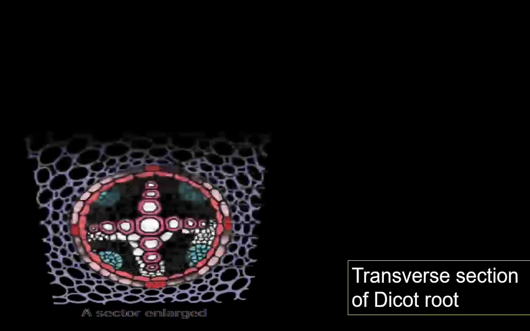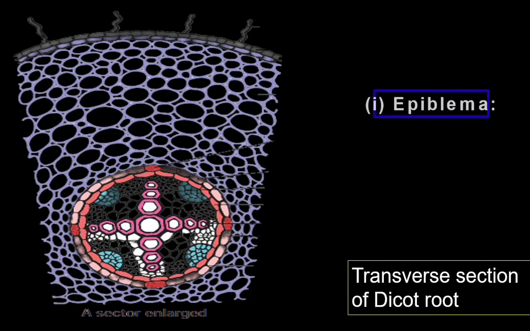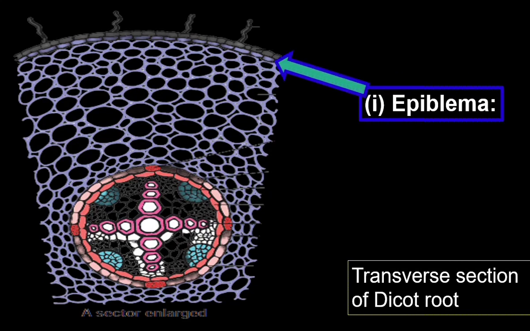This is a part of transverse section of Dicot root. It is a sector, enlarged part of the transverse section of Dicot root. Here the outermost covering is epiplasma. Epiplasma is called as rhizodermis.